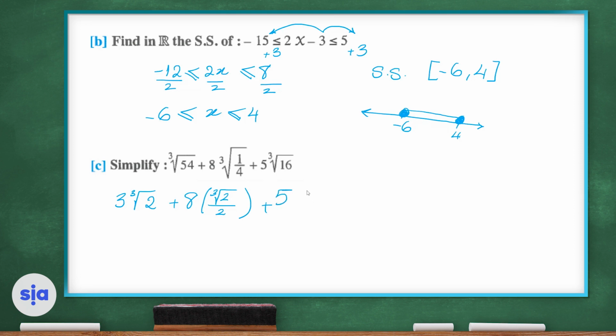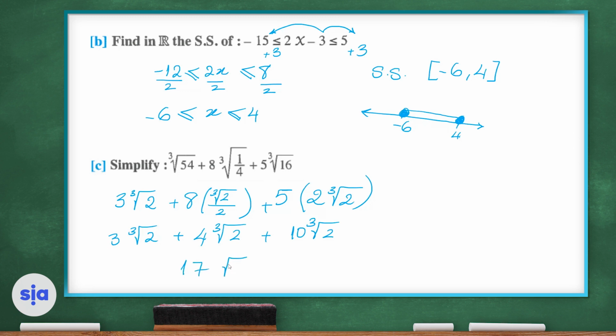The cubic root of 16, if you simplify it, will be 2 cubic root of 2. So here it will be 3 cubic root of 2 plus 4 cubic root of 2 plus 10 cubic root of 2. If you combine all the like terms together, it will be 17 cubic root of 2.